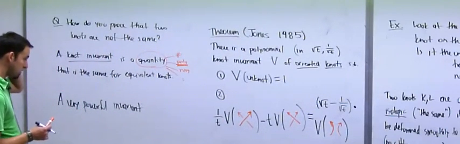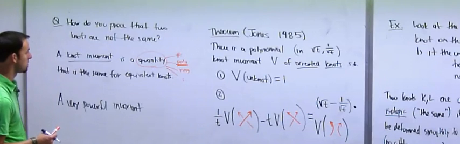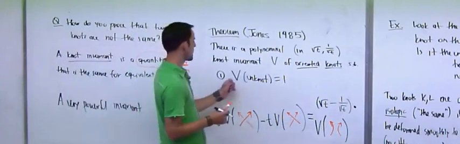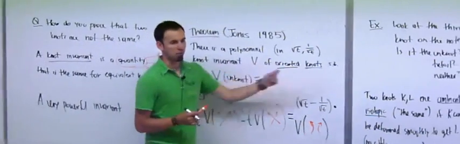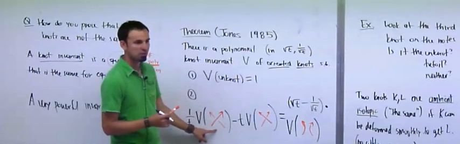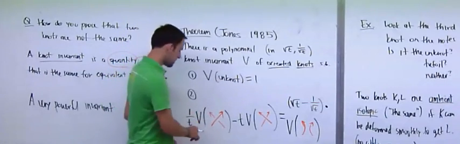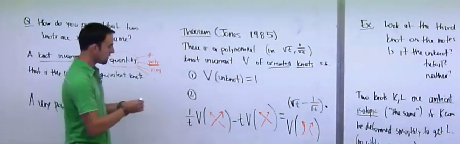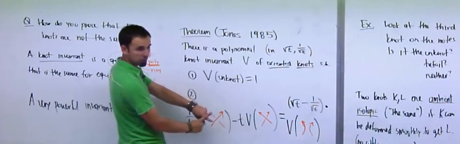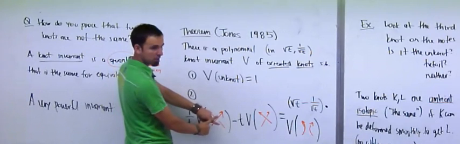Now, what does this mean? It might be a little confusing because I said I was defining an invariant of a knot, so V of a knot, but this is not a knot. The idea is that if you want V of a knot, and you consider one of the crossings of the knot, then you make two other knots.